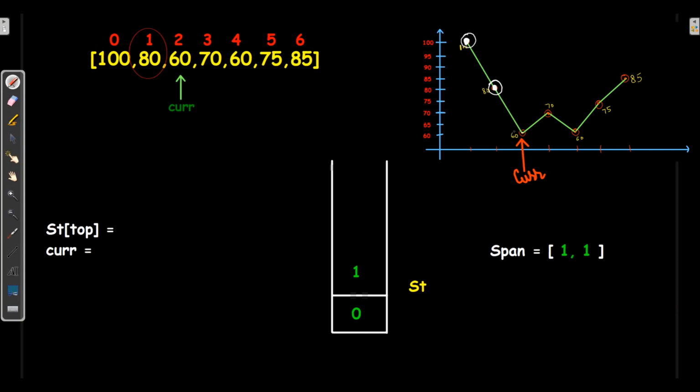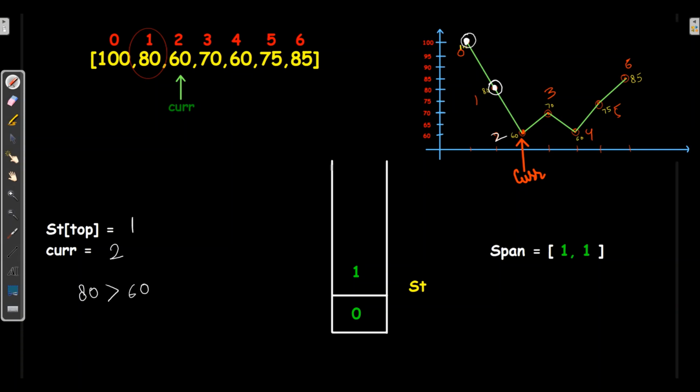Now for the next current, 60. Here let's define the indexes also. Now we need to calculate for second index current. So here I'll write second, and at the stack top I have 1. Now if I compare the prices of both, stack top price is 80 and the current price is 60.